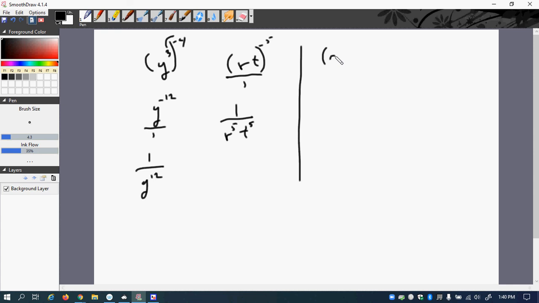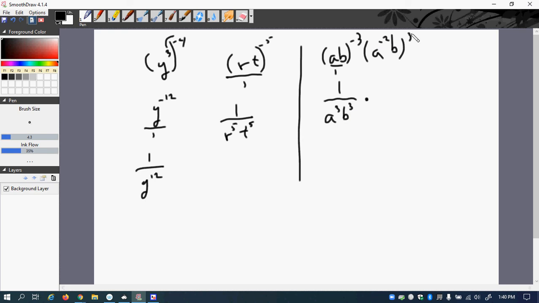We have AB, all to the negative 3 power, and then we have A to the negative 2 and B to the 3. This one here is over 1, but since it's negative, I'm going to rewrite it as 1 over A to the 3rd, B to the 3rd.